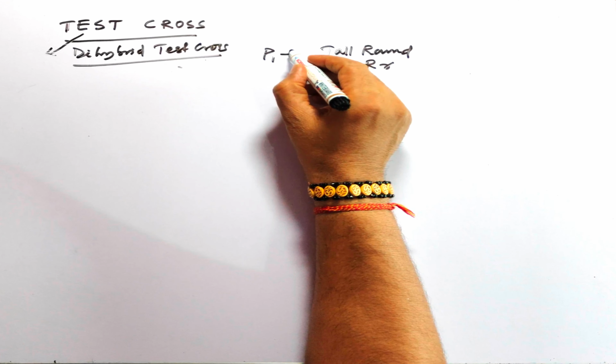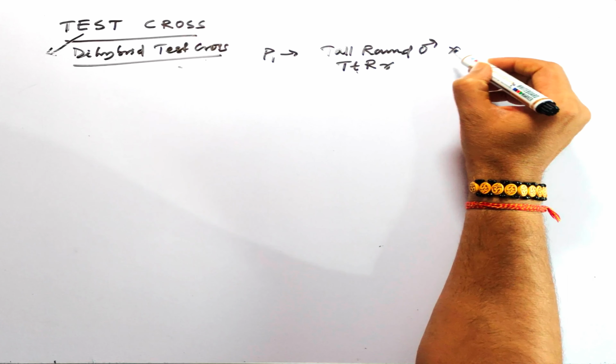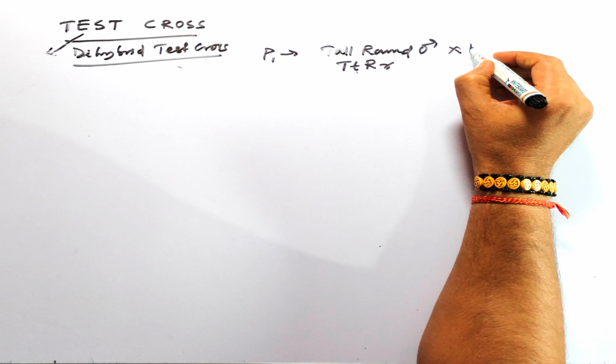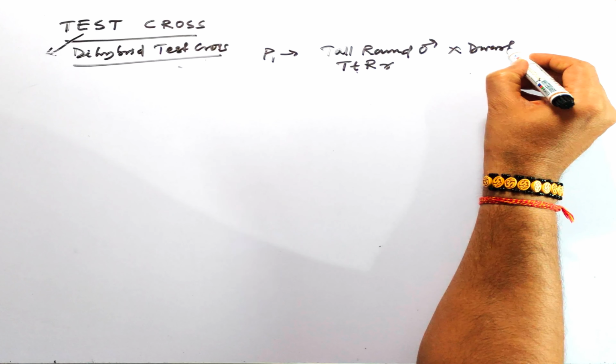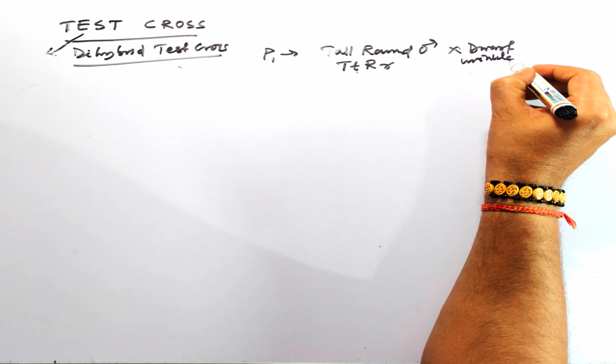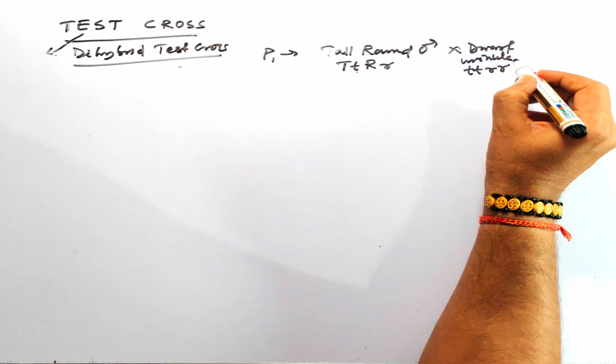So we can take it as the male one, and the double recessive parent, that is dwarf with wrinkled seed, that is small t small t, small r small r.